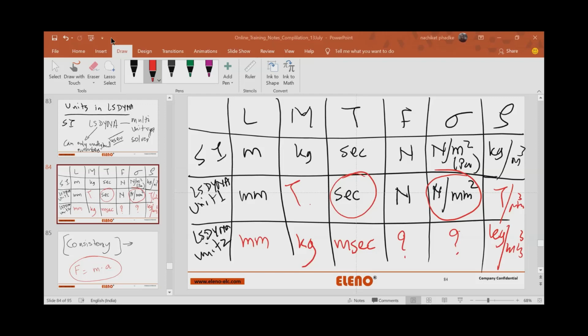Okay, I'll give you 1 minute, guys. Your 1 minute starts now. Use this equation to get the value of force and stress. Use force is equal to mass into acceleration.